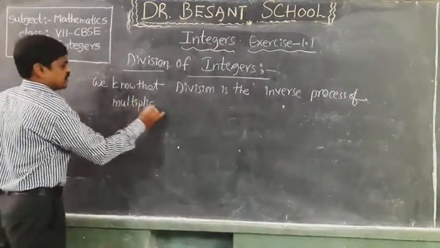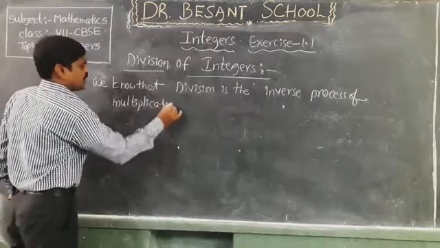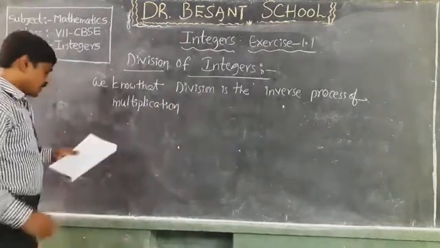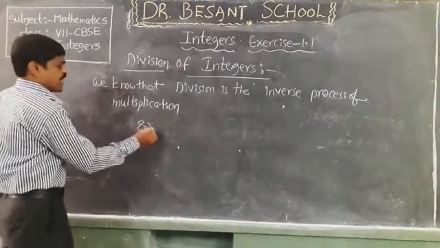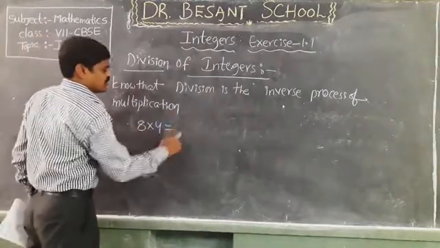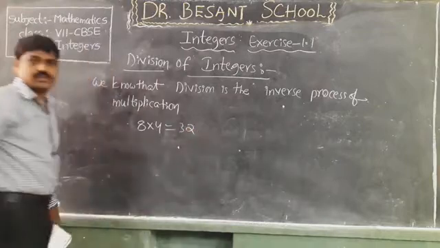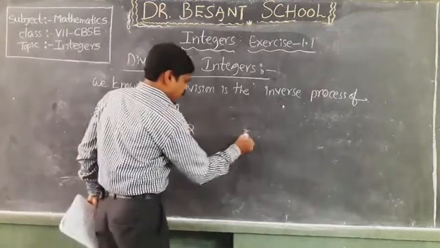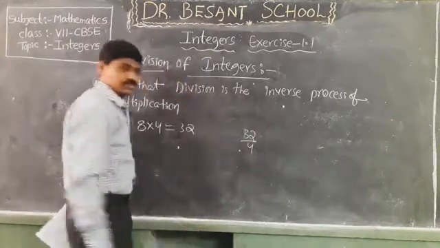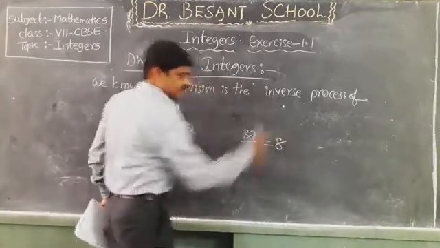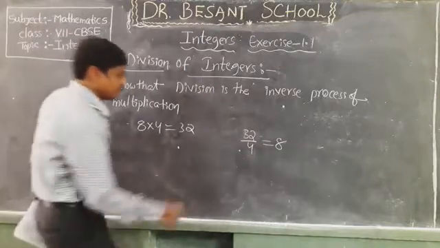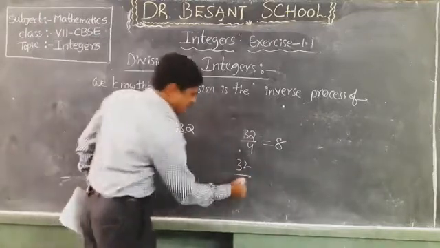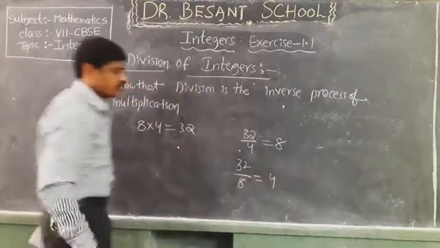Observe here. One example I will tell you, then you can easily understand. So a textbook example: we know that 8 into 4, 8 fours are what? 32. Then 32 by 4, what will we get as the result? 8. 32 divided by 8, then what will we get? 4.